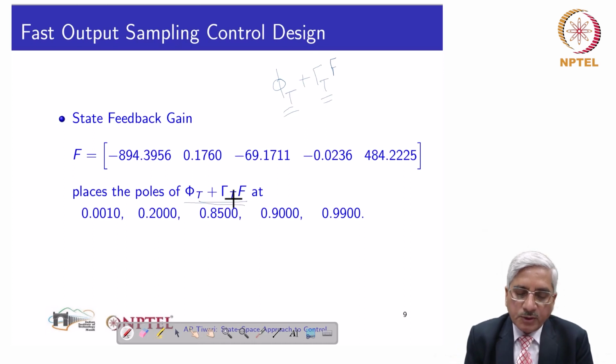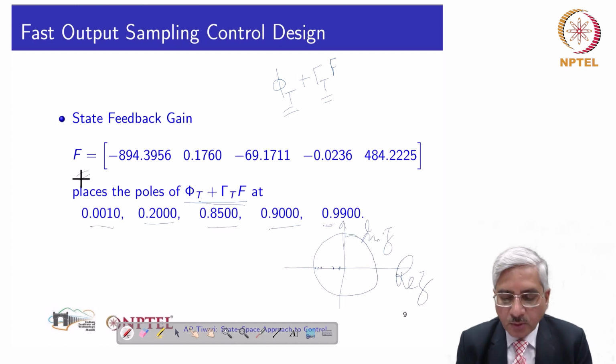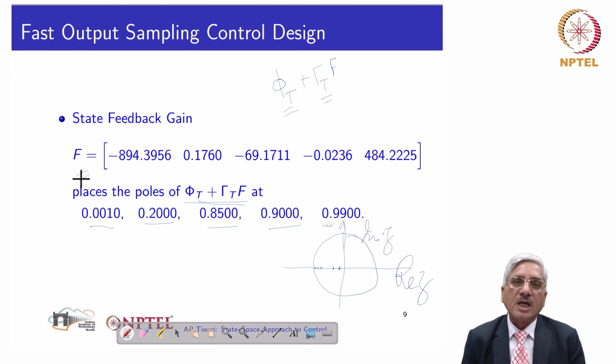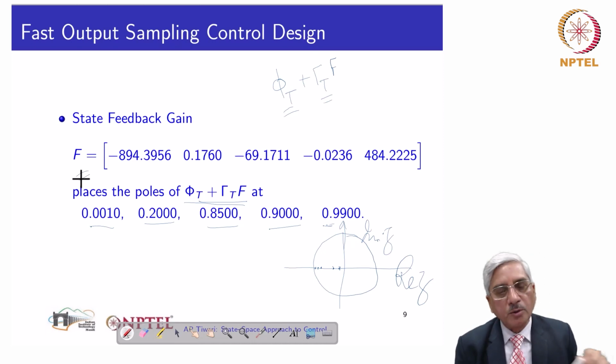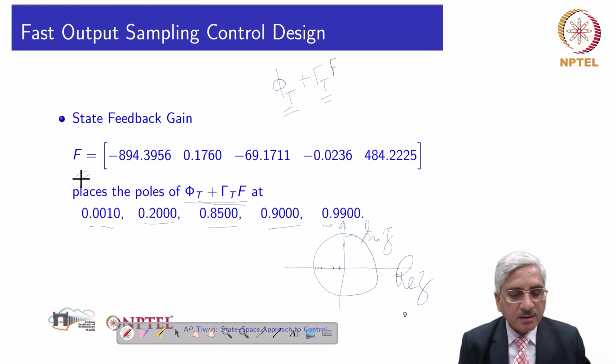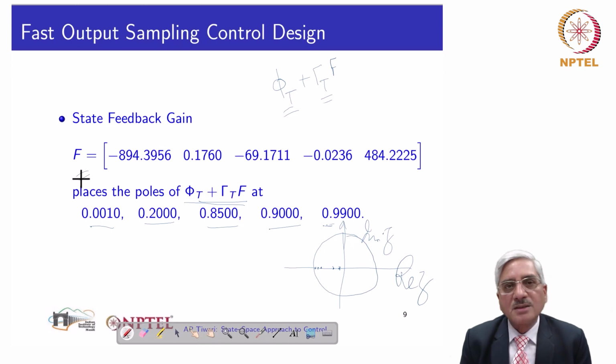So we choose these pole locations. Again, as I told at the time of periodic output feedback design, and even before that when we were talking about pole placement, this design has to be carried out so that the feedback gains are small.